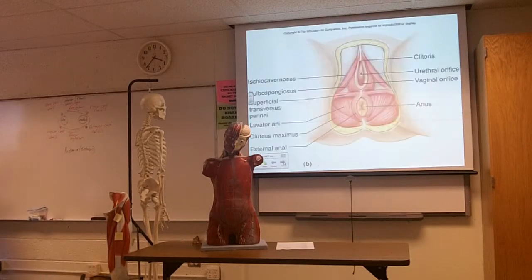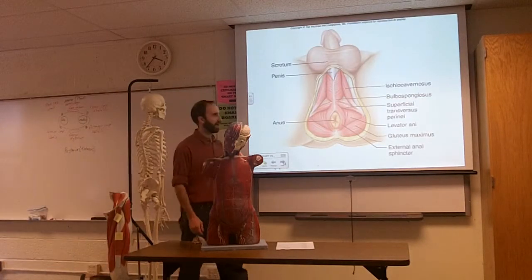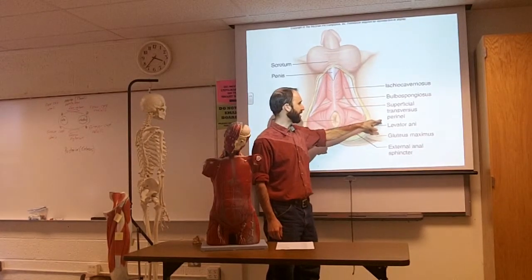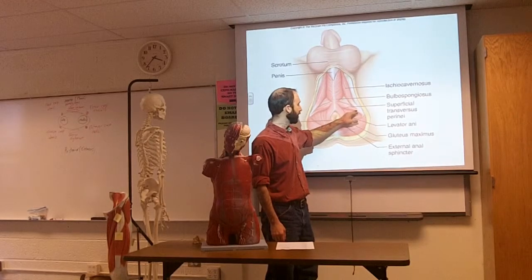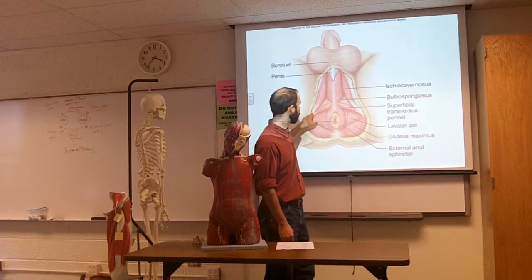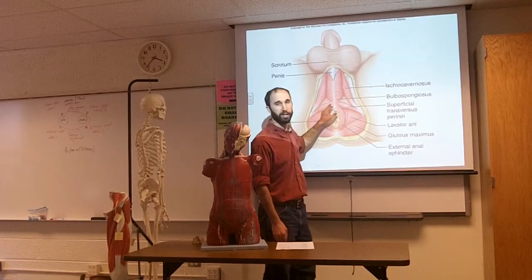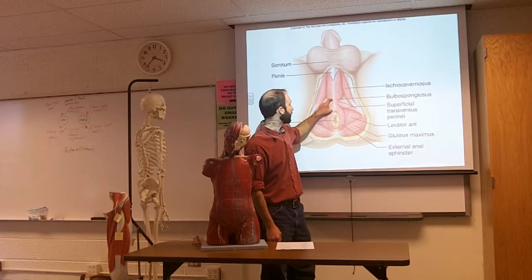Superficial transversus perineae. Now, the name actually tells you it's very superficial, and it transverses or goes across the perineum. In the male, the perineum is between the anus and the base of the penis.